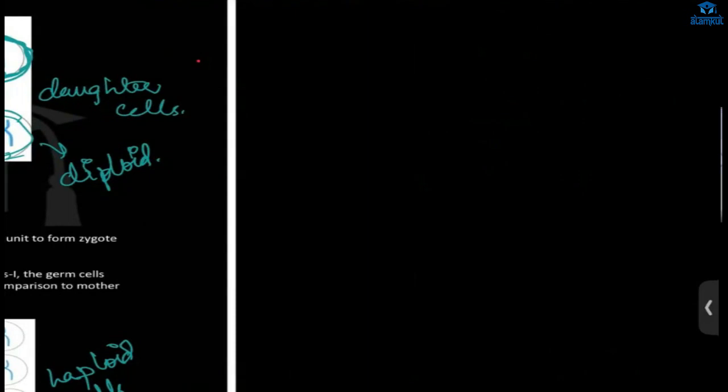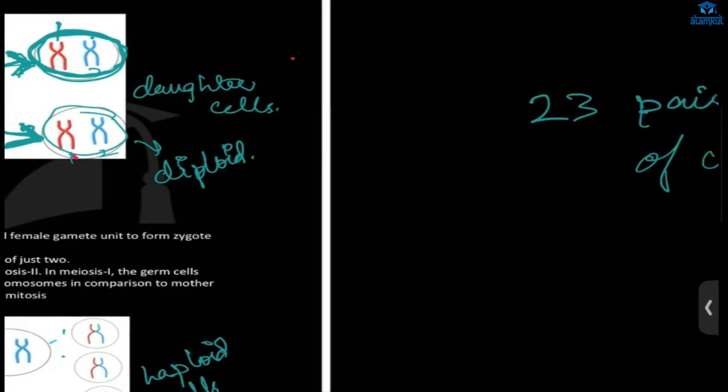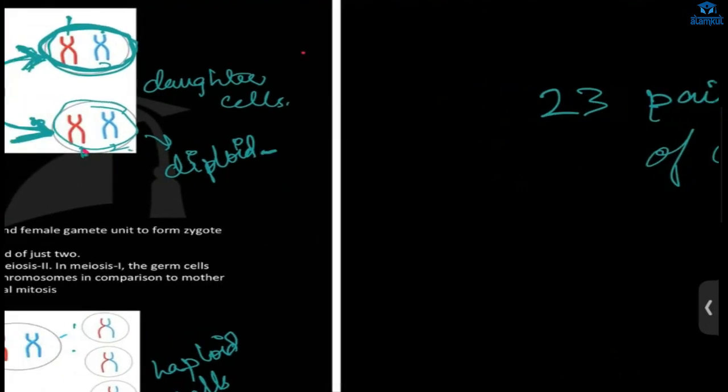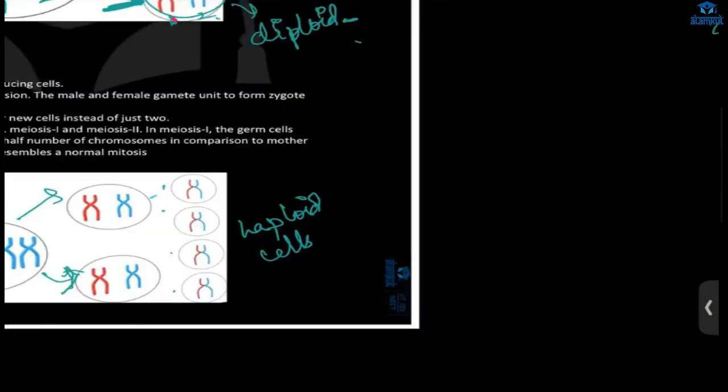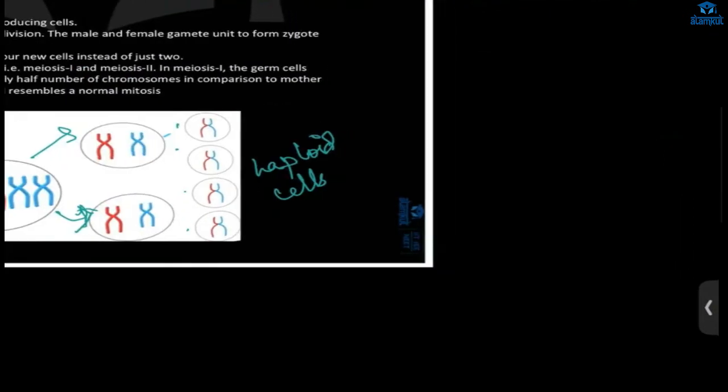We have how many? 23 pairs of chromosomes. So this is called diploid: two sets of chromosomes are there. In haploid condition, only a single set will be present.